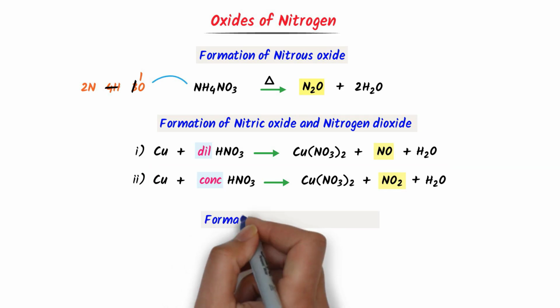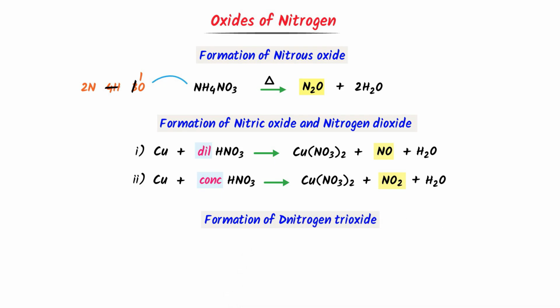The third reaction is formation of dinitrogen trioxide. Well, we take nitric oxide and nitrogen dioxide. When they react at very low temperature, they form dinitrogen trioxide. Remember that dinitrogen trioxide exists at very low temperature or negative temperature.